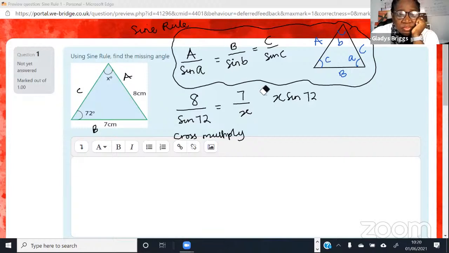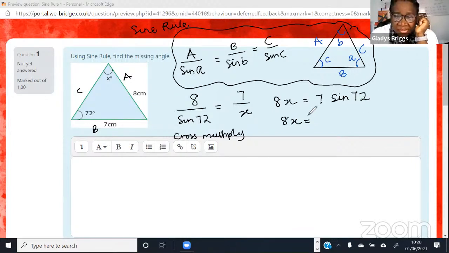Oh, I'm wrong. 8x is equal to 7 times sine 72, yeah? 8x is equal to, what is 7 times sine 72? 6 point whatever it is.